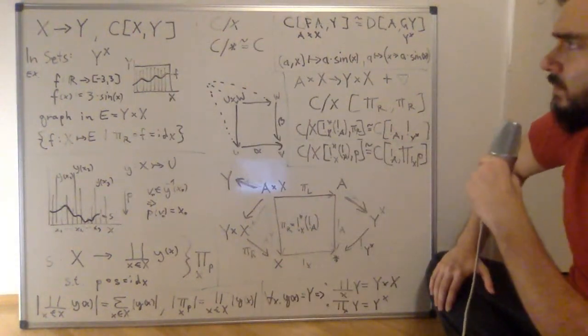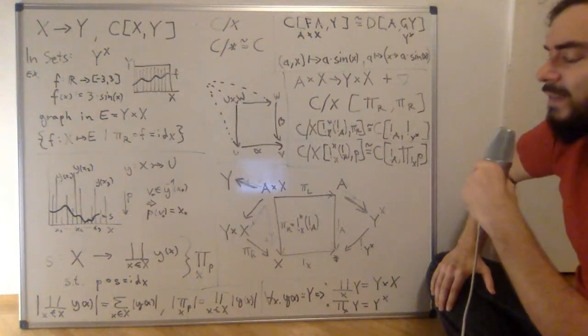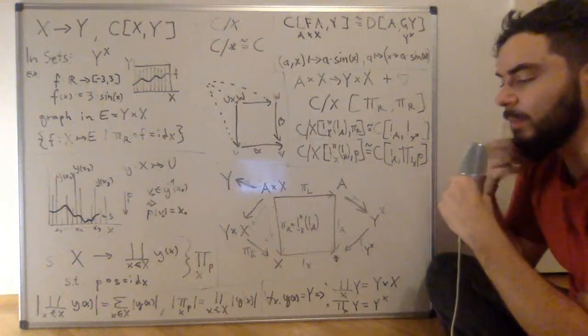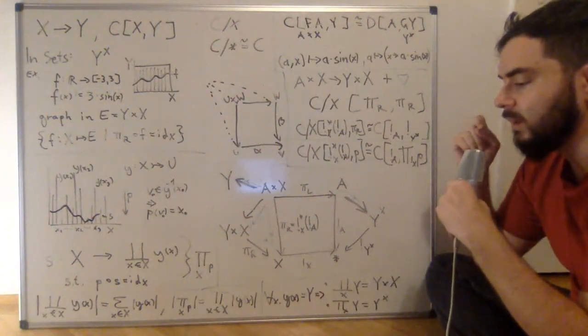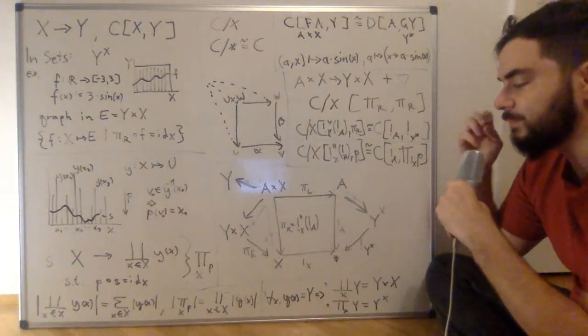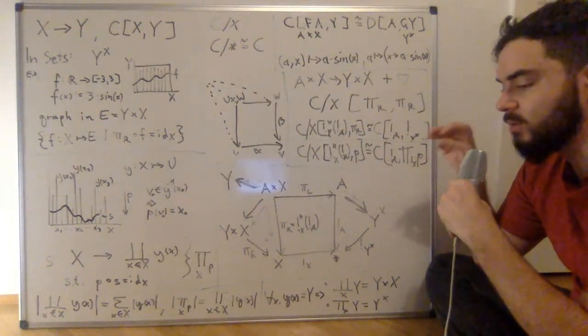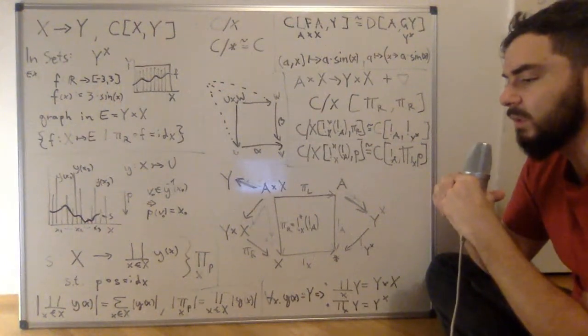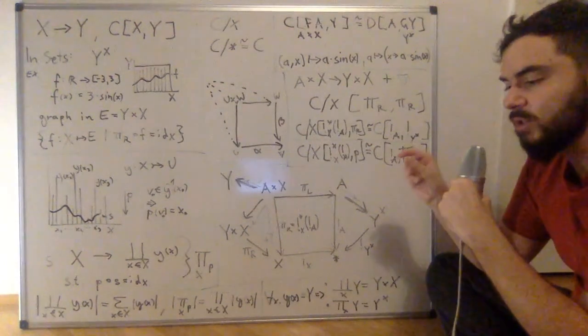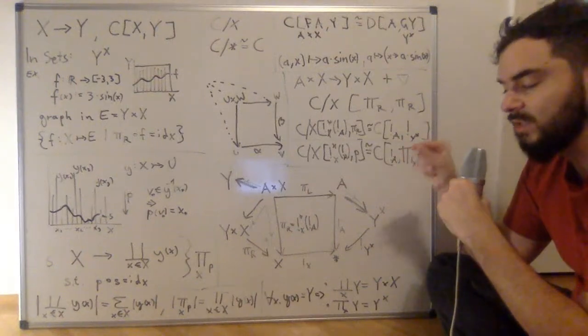And also in this type of categories, if this category has a terminal object, so if this category has an object where for each other object there's only one arrow into it. So the example in the category of sets would be just an object with one element, so a singleton. Right?